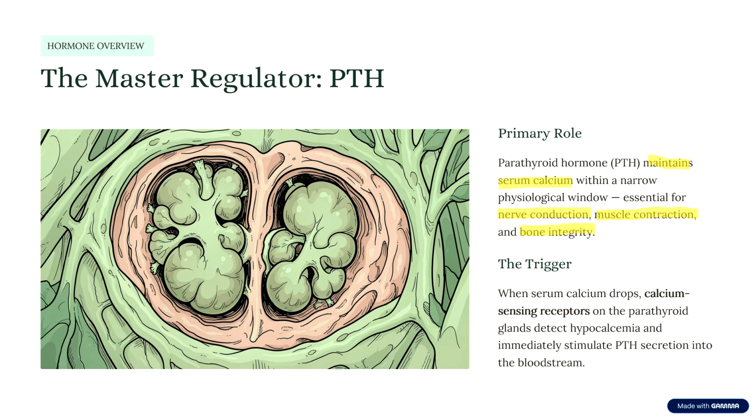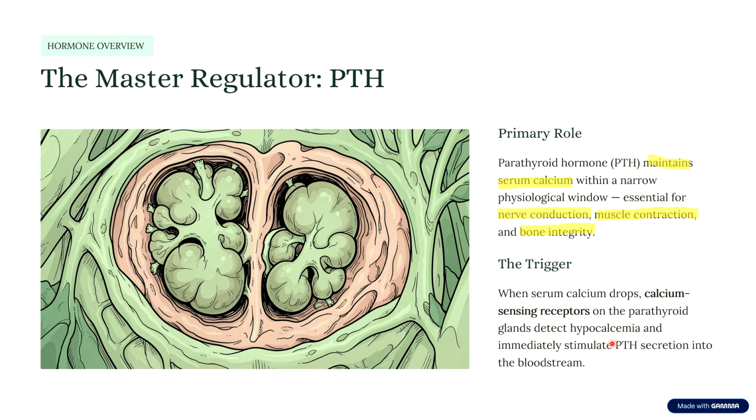Now, what is the second thing? The trigger. When serum calcium drops, calcium sensing receptors on the parathyroid gland detect the hypocalcemia.